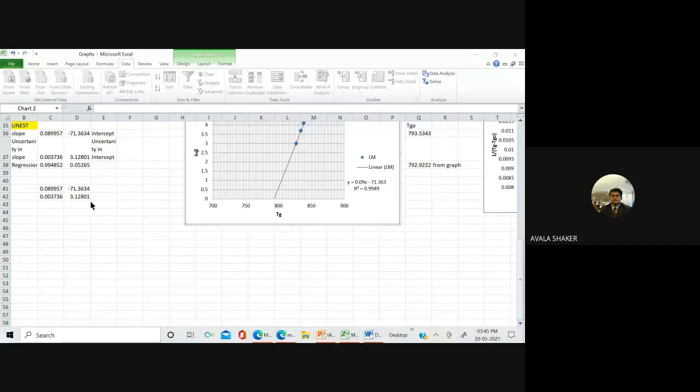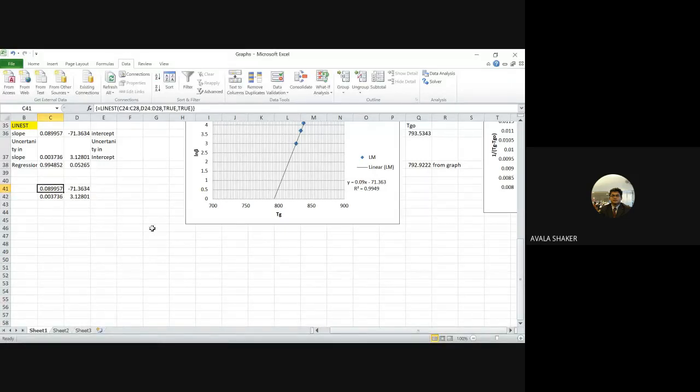Yeah, so it has written some additional statistics. Let me just pull it. I've chosen the array as 2 by 2. That's why it gave me only this much. But if I choose a 3 by 2, then the next value would be the regression value, 0.9948, which I can see here.